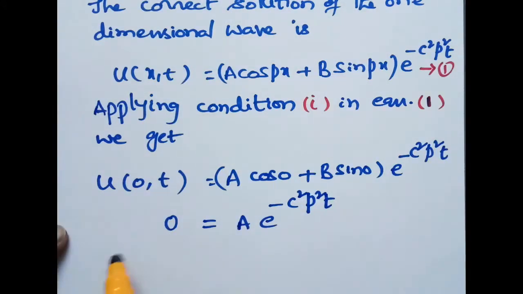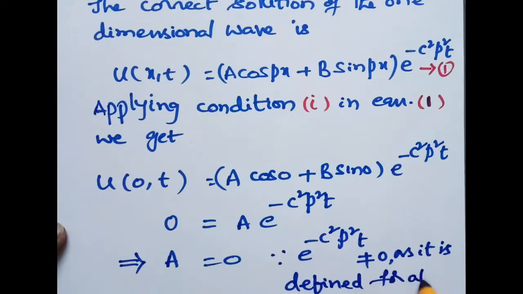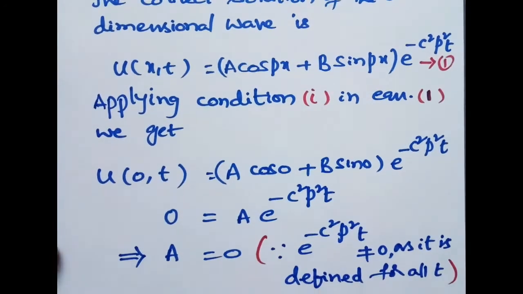So this implies a equal to 0, since e to the power of minus c square p square t is not equal to 0 as it is defined for all values of t. Therefore a equal to 0.